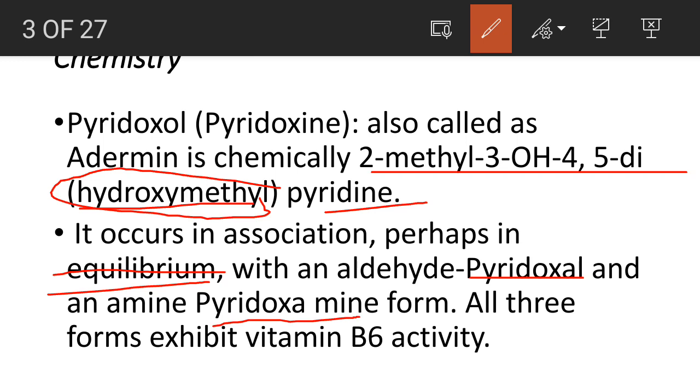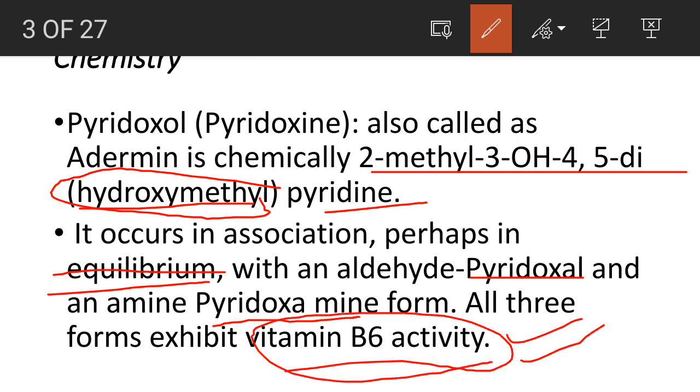It is present mainly in three different forms. The first one is pyridoxine, then pyridoxal, and the third one is pyridoxamine, which is an amine form. All three forms exhibit vitamin B6 activity, so all of them show the same activity as vitamin B6.